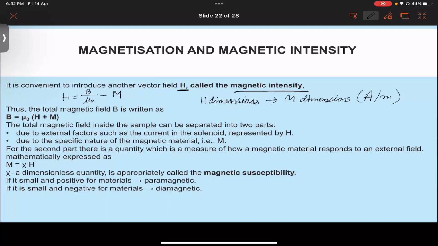Then we can write the total field as B equals mu 0 times H plus M.